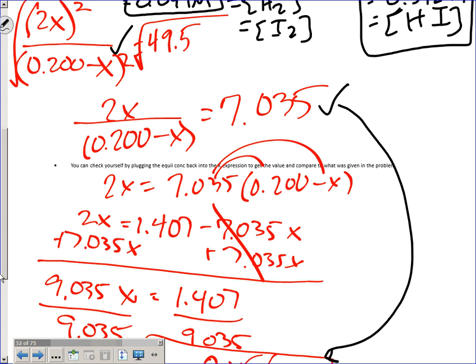So 0 equals something. Well, we right now don't have 0 equals anything, but I can easily say 2x divided by parentheses 0.200 minus x, and I can subtract 7.035 on both sides, and I've essentially set 2x divided by this minus 7.035 equal to 0. So I've met the qualifications that it requires you to put into the solver.